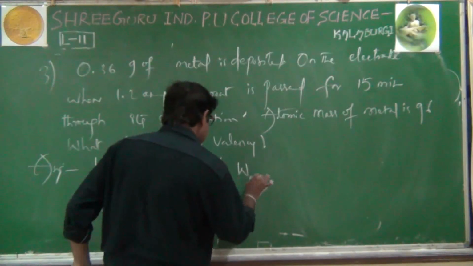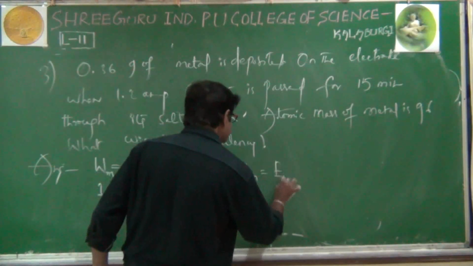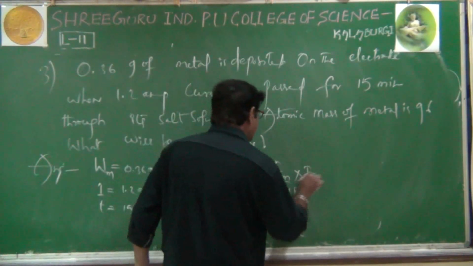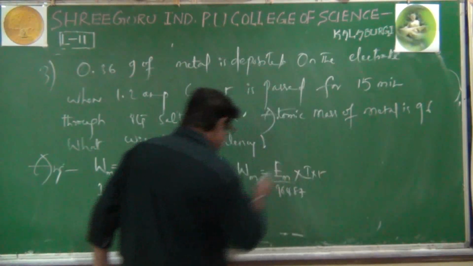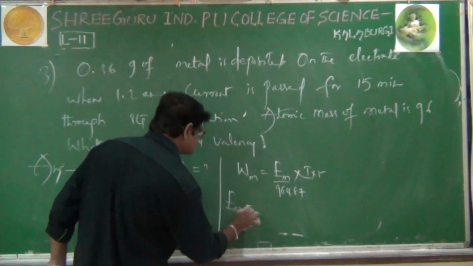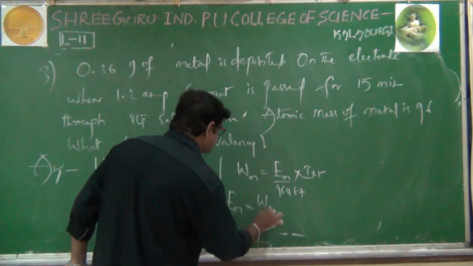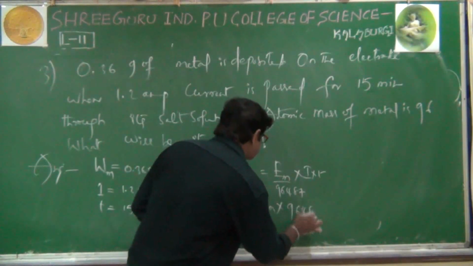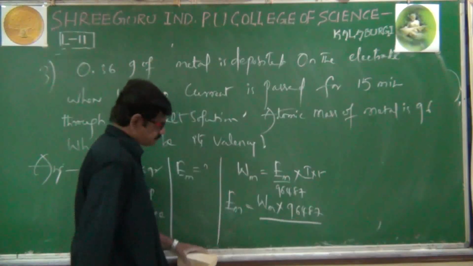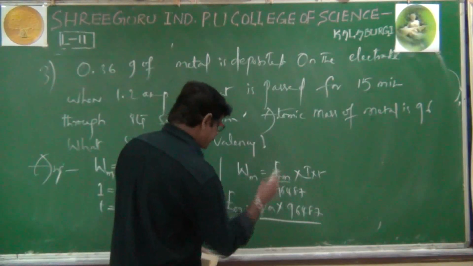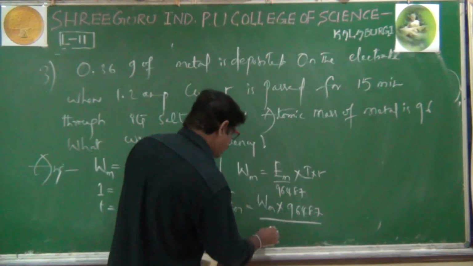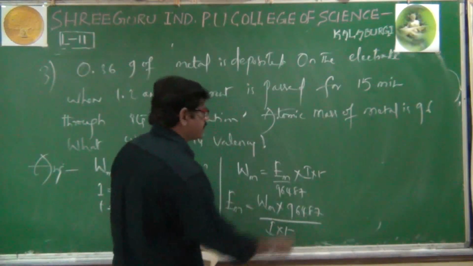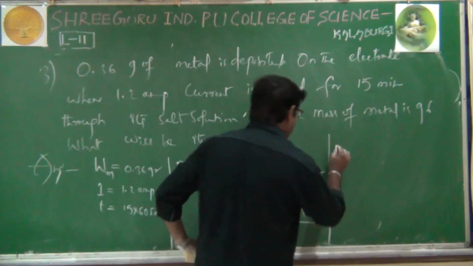Mass of metal is equal to equivalent mass of metal divided by 96487 into I into T. Now we bring equivalent mass to the LHS by cross multiplication: mass of metal into 96487 divided by I into T. We substitute the values.